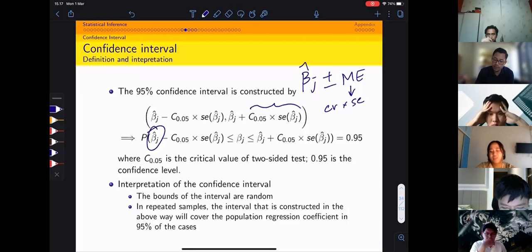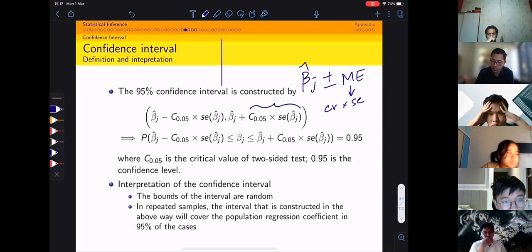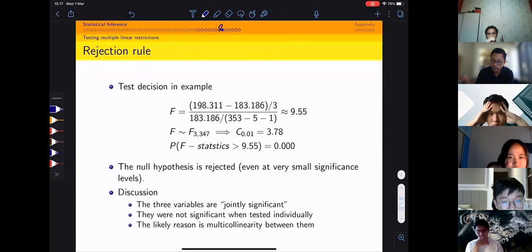I'll give you an illustration. Suppose that this is the true value.